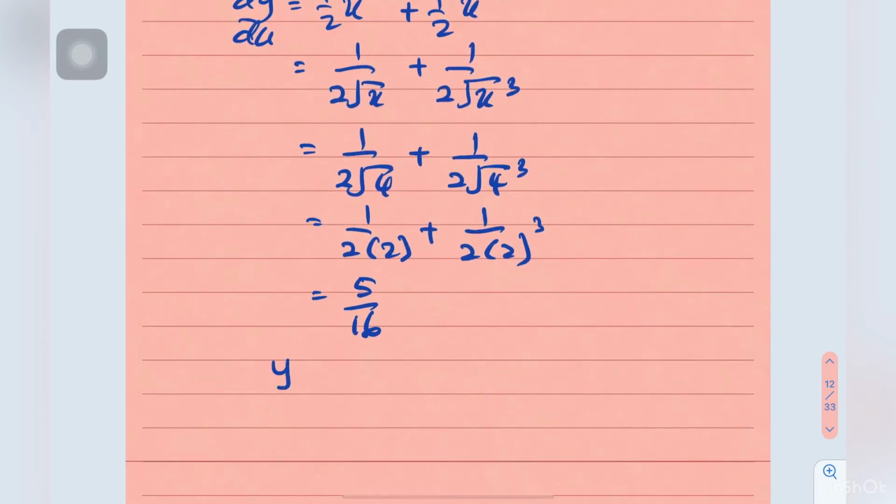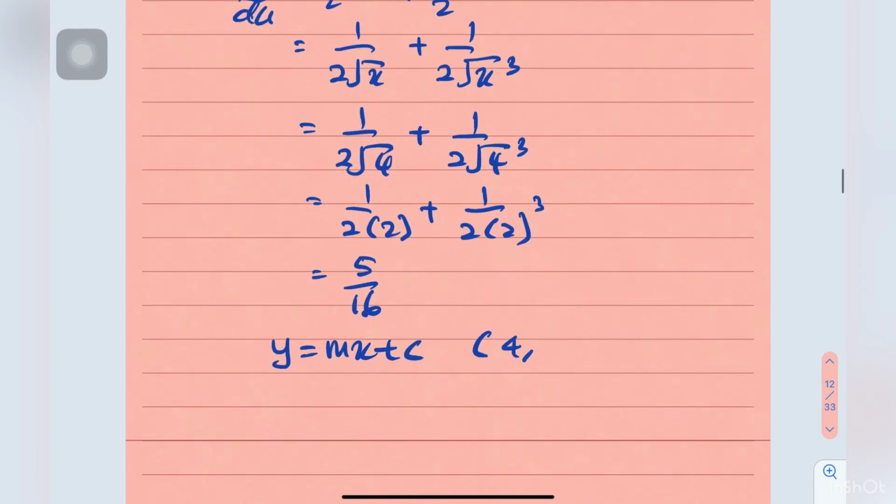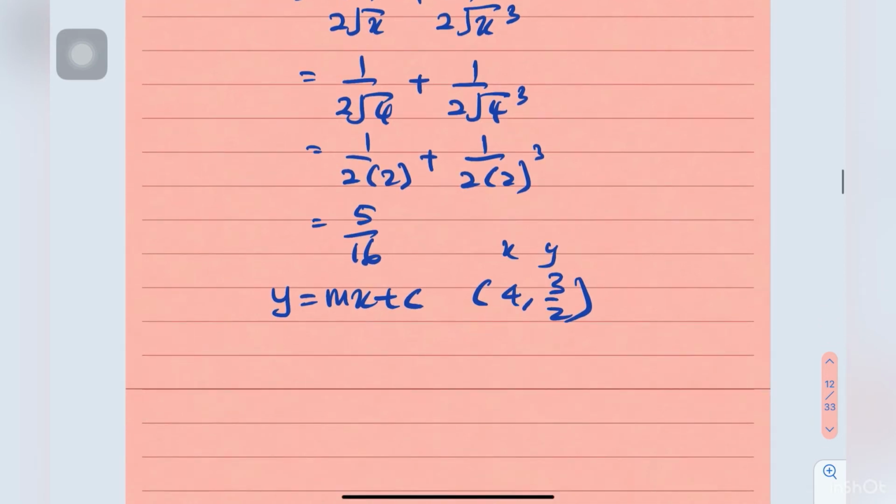So you substitute into y equals to mx plus c, where the point just now is (4, 3 over 2). So this is x and y. Y is 3 over 2, m is 5 over 16, x is 4, plus c.